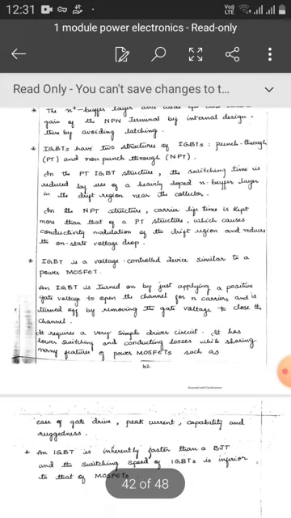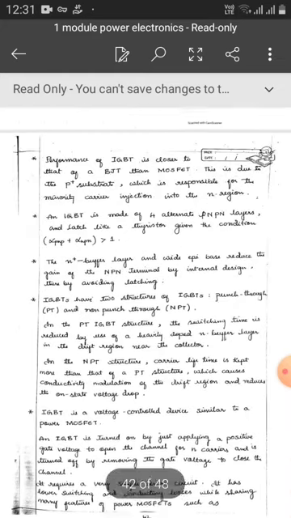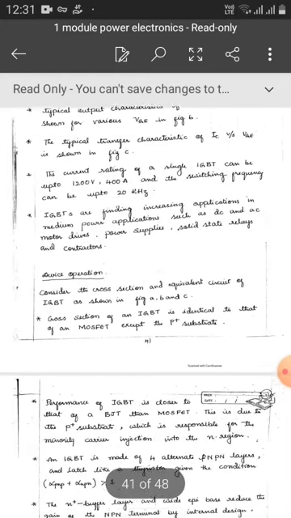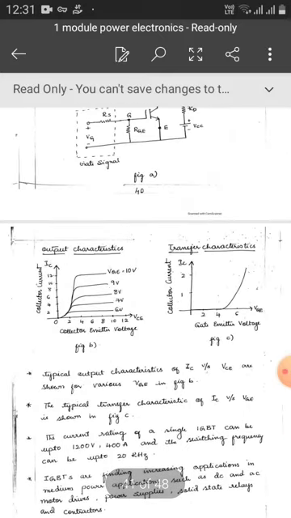This is the steady state characteristic of an IGBT.